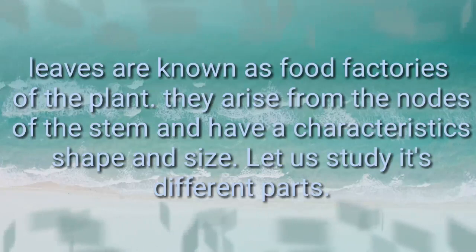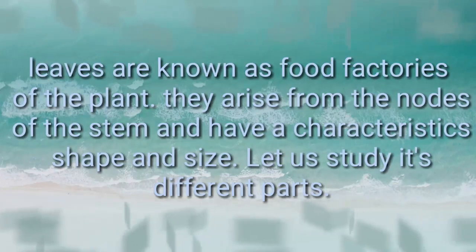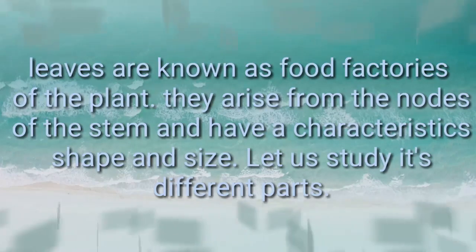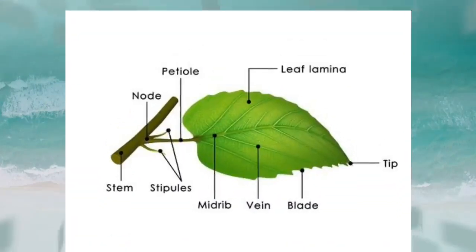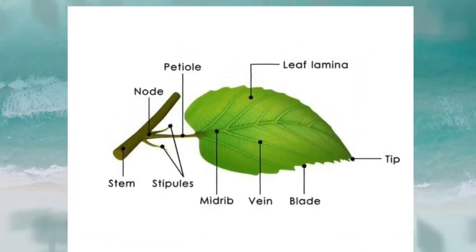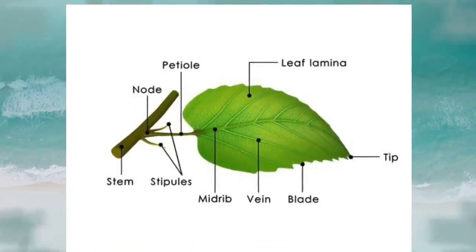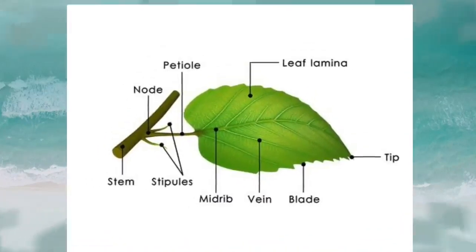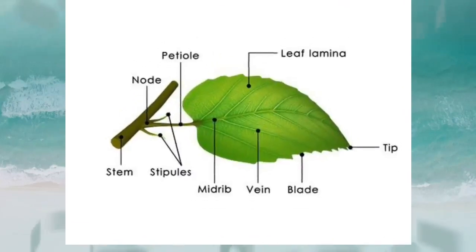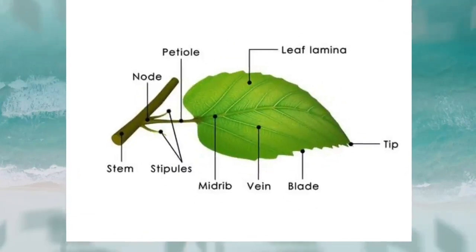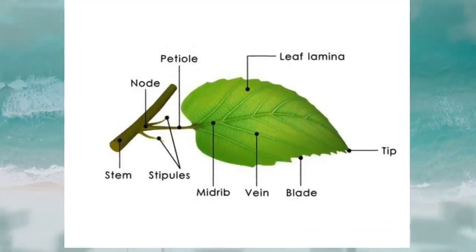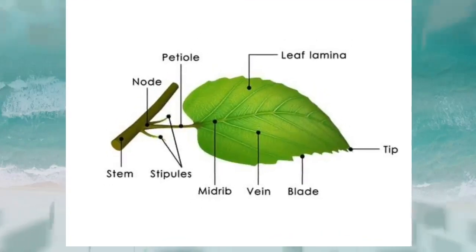Here you are seeing an image, and in your textbook page number 101 you can also see that. Veinlets, a network of smaller branches of veins, form a supporting framework and also serve to transport raw material and manufactured food into and out of the lamina.